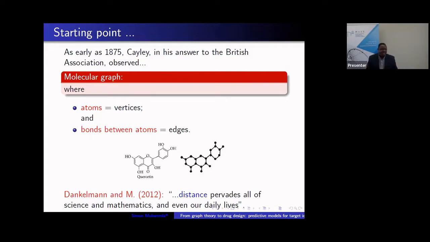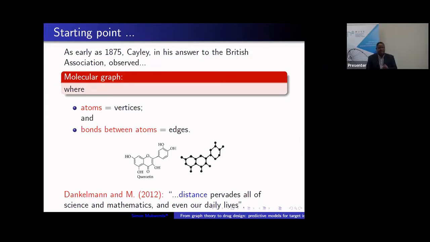It's so good that we have them around, but how many are they? Most people would not be able to count them until Arthur Cayley, a mathematician, came onto the scene and said, look, guys, I think I now know how to count alkanes.